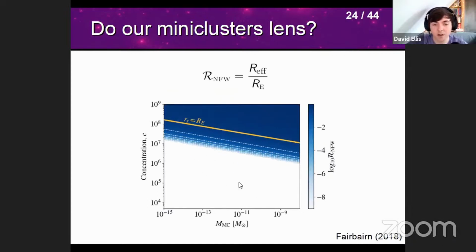But in this white region, we're now looking at the part of the profile where the density goes like 1 over r instead of 1 over r cubed. And at this point, we're no longer able to generate these large amplifications. The reason why the substructure might be different is because if it looks like an r to the minus 9 over 4 profile, we don't encounter that problem.